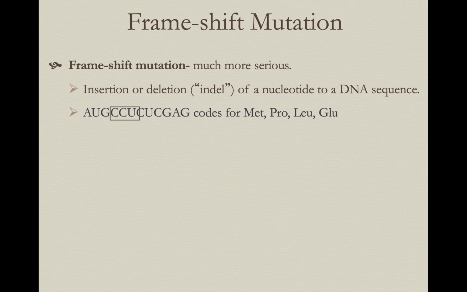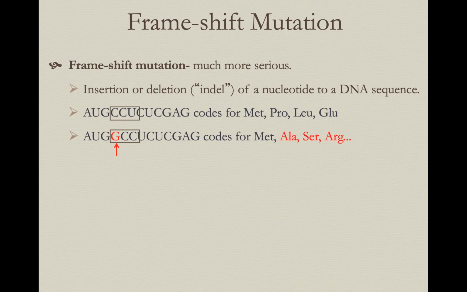and so it can completely change the protein. So for example, if I had this as my original messenger RNA, and it coded for those 4 amino acids, but I put in an additional nucleic acid, it would change the reading frame from the first one being AUG, which it still is, but the second one, instead of being CCU, now is GCC, and then the next one, instead of being CUC, it's UCU.